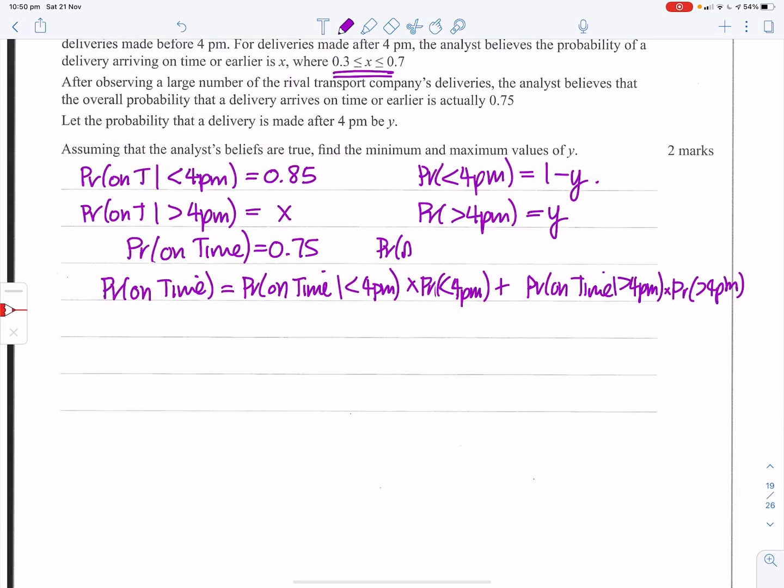The probability of A is the probability of A given B times the probability of B, plus the probability of A given B naught times the probability of B naught.